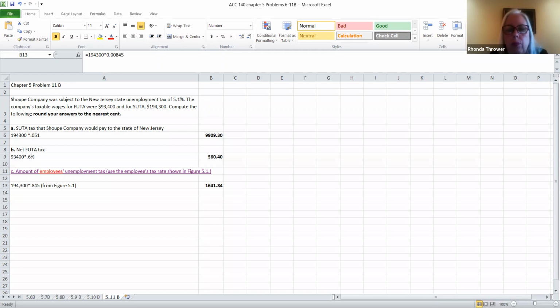And it's 8.5%. And right here, they tell you what the base is for those SUTA rates of $35,300. But this is where they're getting the tax rate from. So I'm going to go back to my Excel sheet.